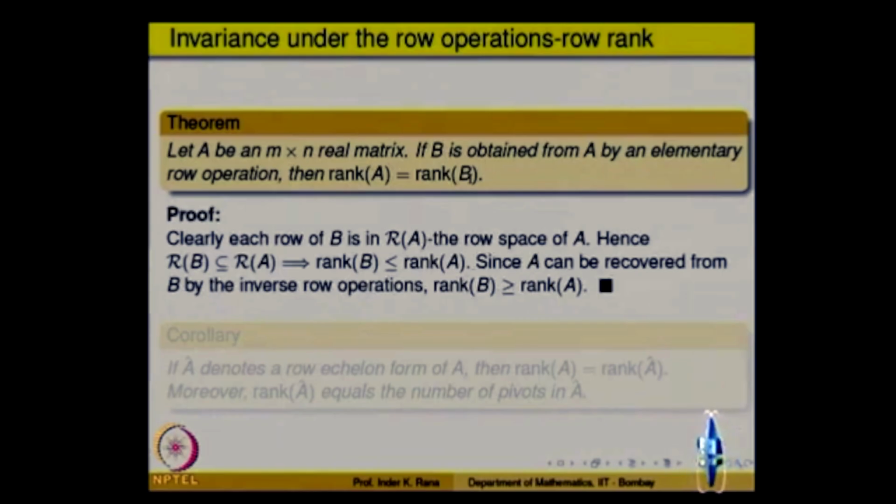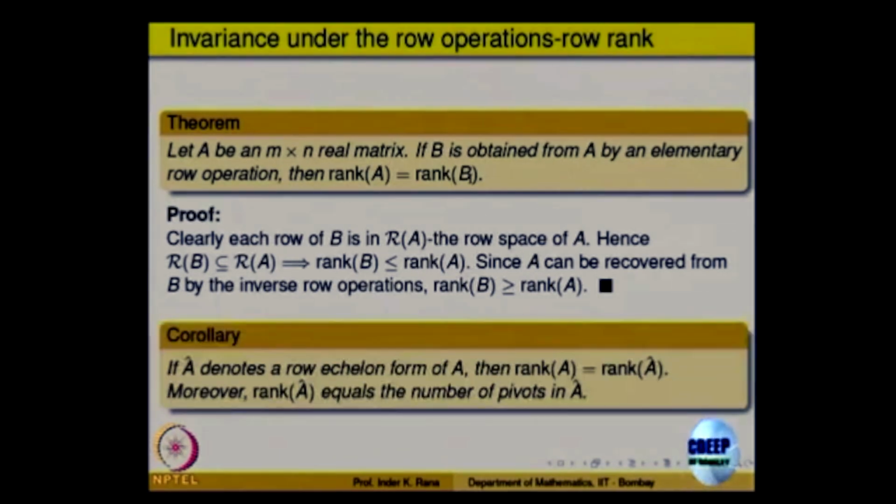As a corollary of this, you are given a matrix A and you have brought it to row echelon form. So what is the rank of the row echelon form? The rank is the number of non-zero rows, as we defined earlier. And what will be the row rank of the row echelon form?